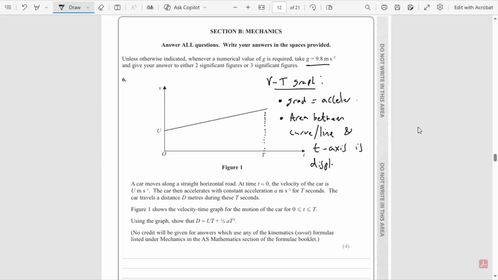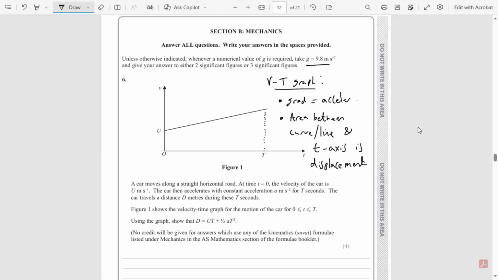So we'll keep that in mind. In this case, the displacement will be the same as the distance traveled because, as you can see in the diagram, the velocity is always positive, which means you're always moving forwards along the road. So the distance traveled in this case is just the same as the displacement. Okay, so again, the distance traveled is d meters for these t seconds.